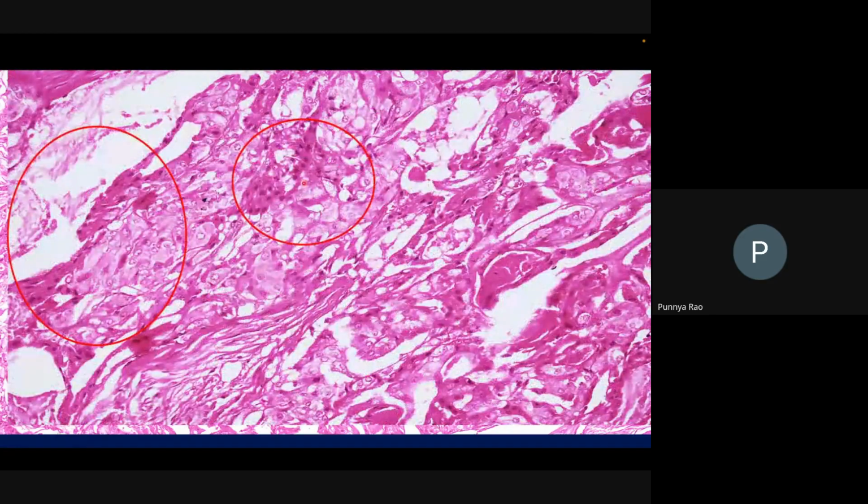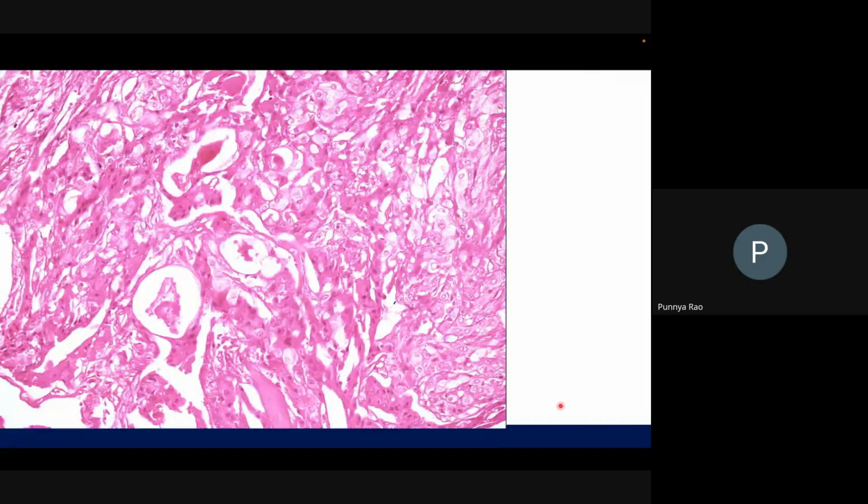Okay, high view of the same. You can see all of these granular cells, the centrally placed nuclei appearing slightly larger. How they are different from epidermoid cells: slightly light eosinophilic cytoplasm, whereas here the cytoplasm is granular. These cells were present in multiple areas throughout the tumor.